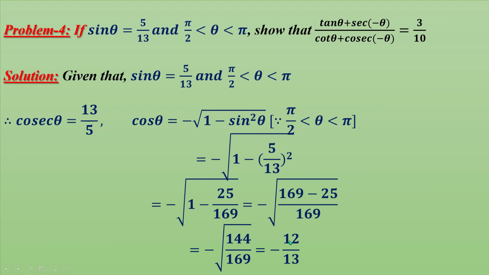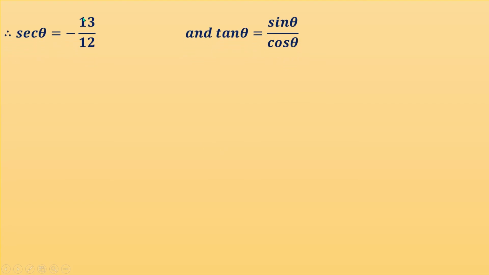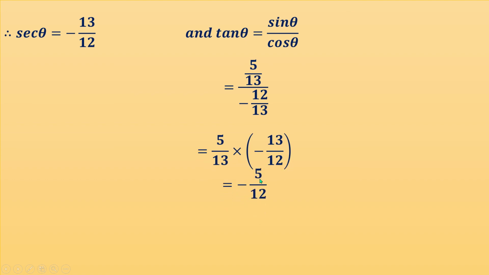As cos theta is equal to minus 12 by 13, therefore sec theta is equal to minus 13 by 12. And tan theta is equal to sin theta by cos theta. Sin theta is 5 by 13, and cos theta is minus 12 by 13. We will get minus 5 by 12. Clear? Therefore cot theta is equal to minus 12 by 5.